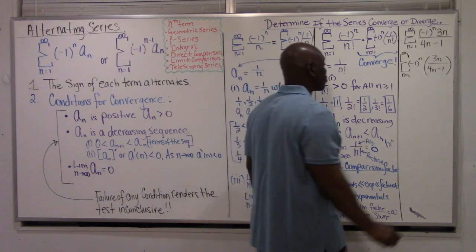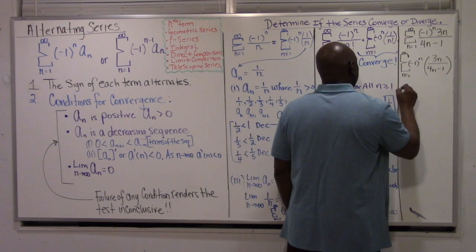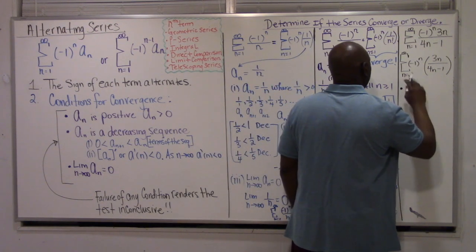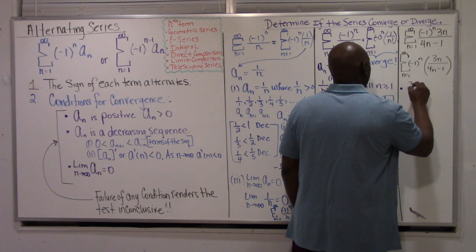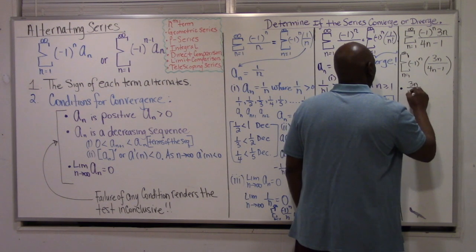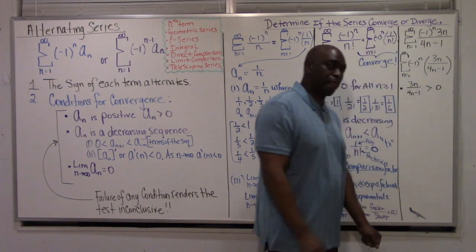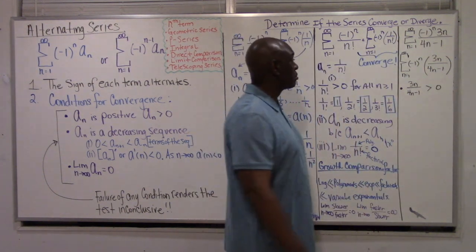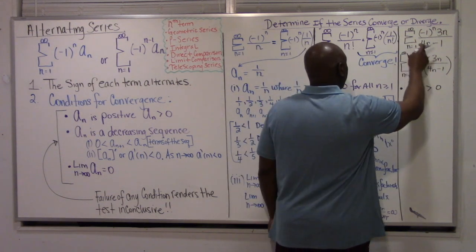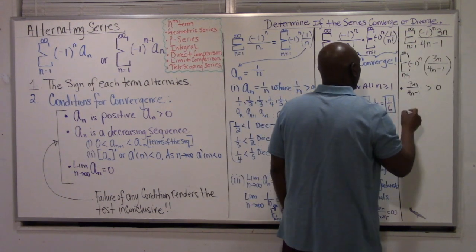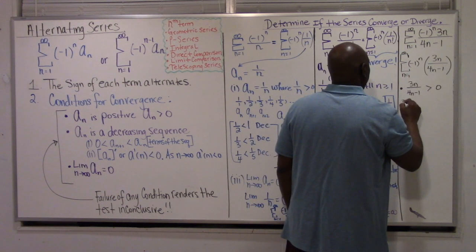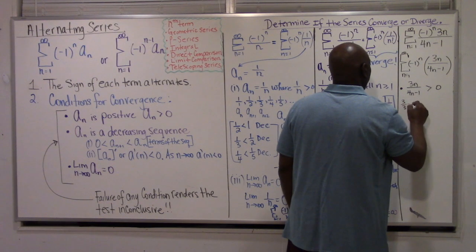Let's check our conditions. Condition 1. Is it positive? Is 3n over 4n minus 1 greater than 0? Well, for every value of n you plug in, when n is 1, you're going to get 3 over 3, which is 1.